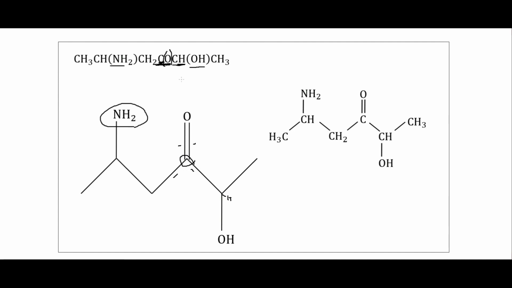And that's how you know that that oxygen is a substituent, how you know it's double bound to that carbon, and that it's not part of the main chain, not in between this carbon and this carbon right here.